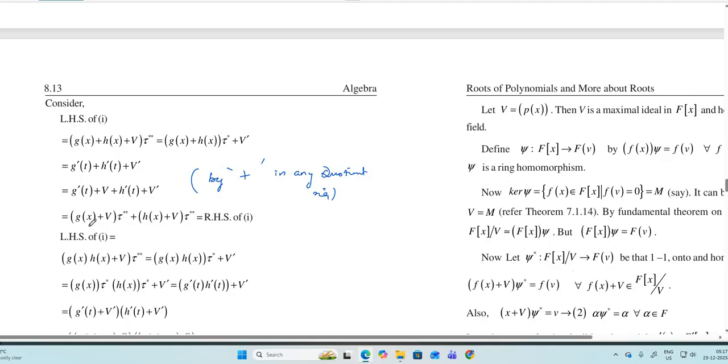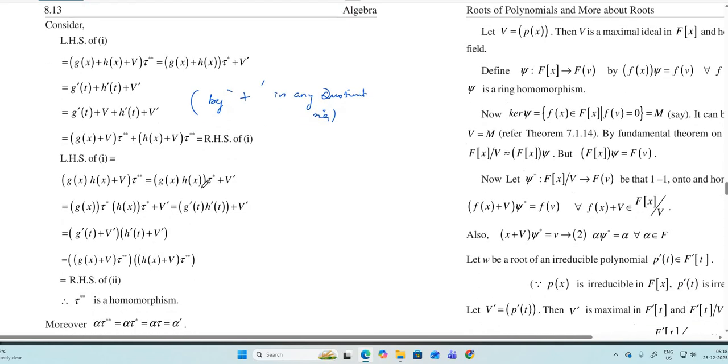So this is the image of g of x plus v under tau double star, and this is the image of h of x plus v under tau double star. So that is your RHS. In the same way for the product also we have this. Tau star is a homomorphism, so you have this step. Again, by the definition of multiplication in any quotient ring, you have this step.